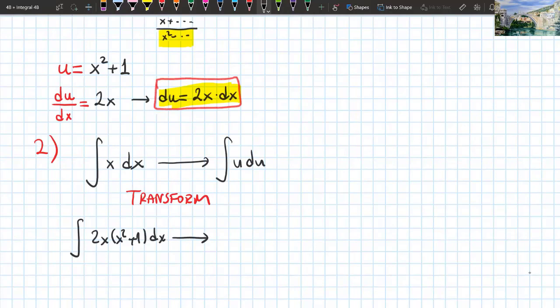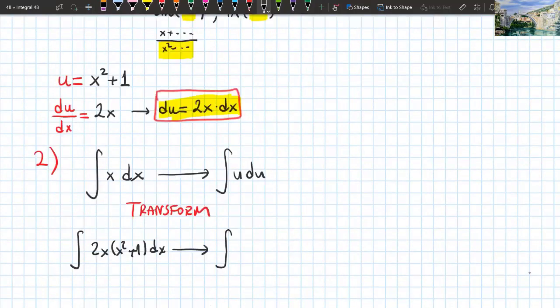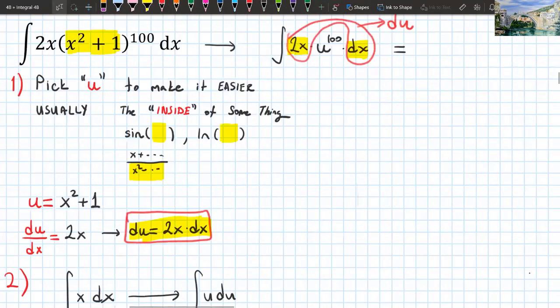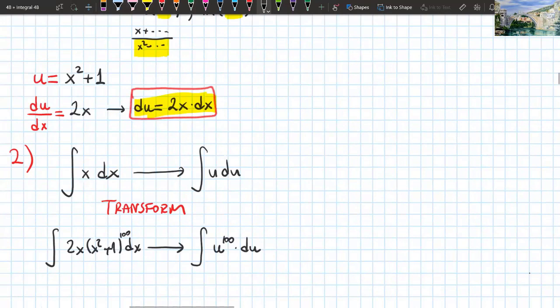So we transformed that function. There was a power, I think it was 100. Yes, there is 100. So it becomes u to power 100 times du. Look at this, u to power 100 times du. So this is the second step.